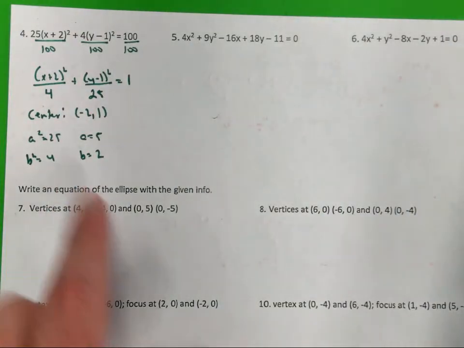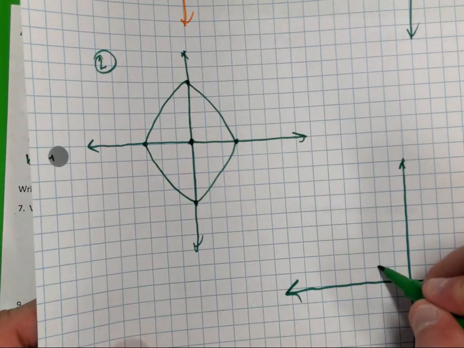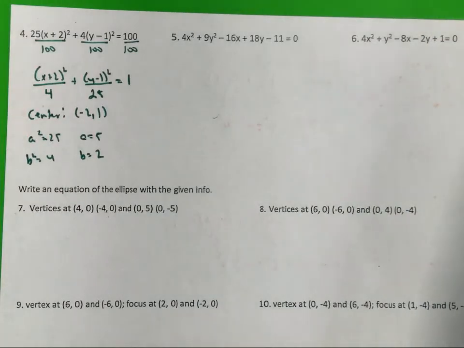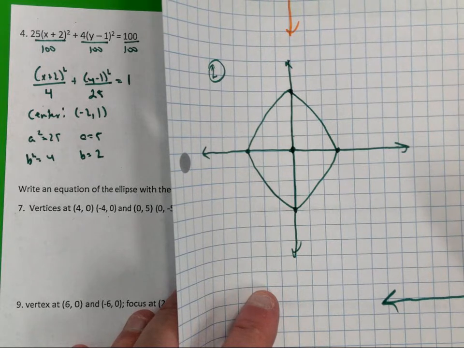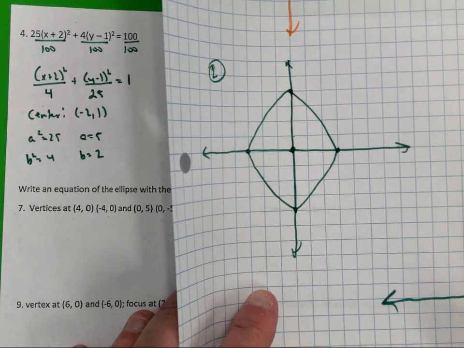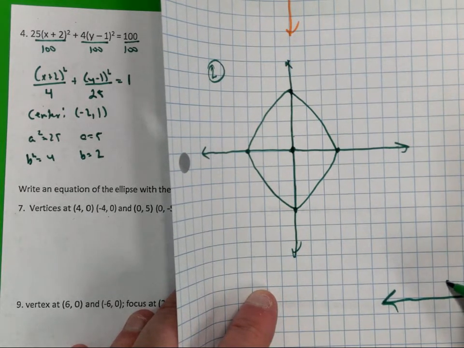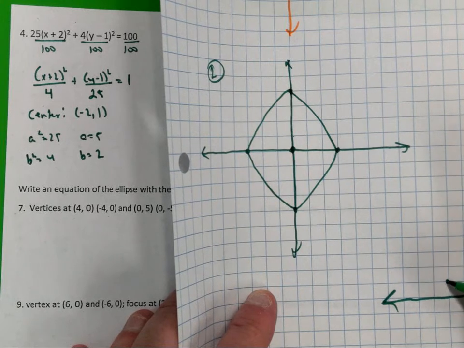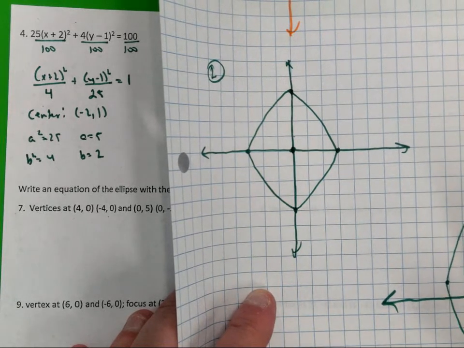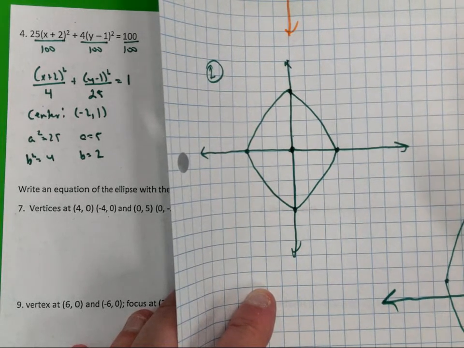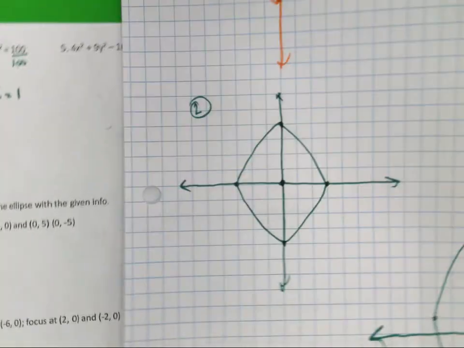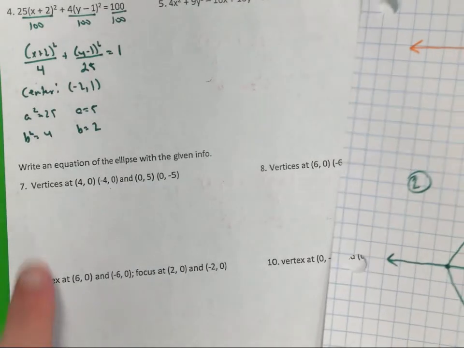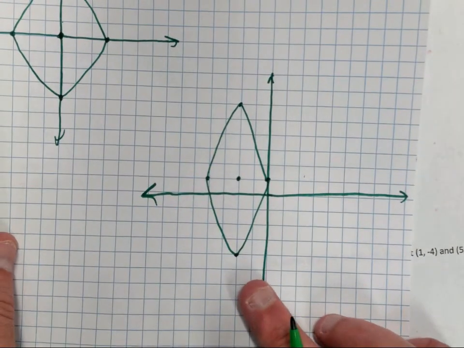So center's at negative 2, 1. My a is 5 as vertical. So for this particular one, this would be my graph.